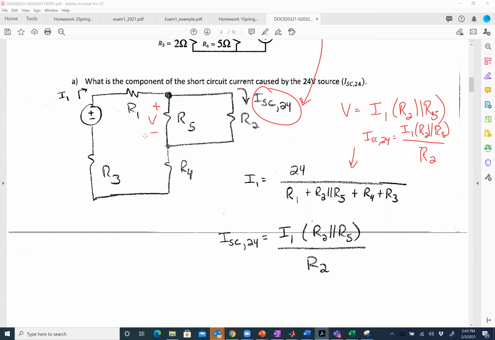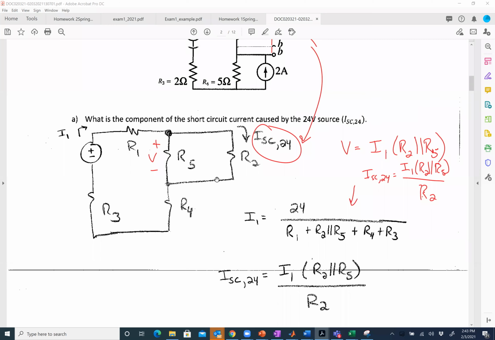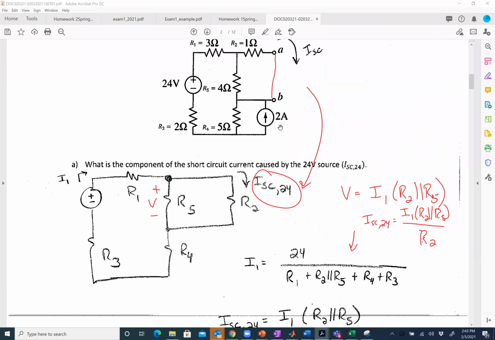Now, the other thing that shares the same current is the parallel combination of R2 and R5. So since we took the current source out, R4 and R3 came in series, or were they always in series? No, that's a good point. Because the current source is out, right? If the current source was there, then R4 and R3 would not be in series, because they definitely would not have the same current going through them.